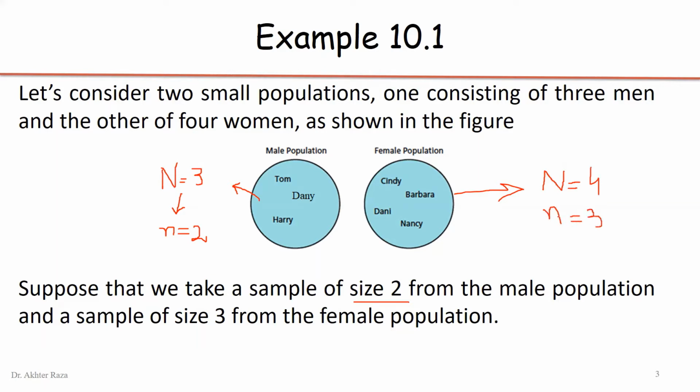If we are selecting with replacement, then total samples here will be 3 raised to the power 2, which is 9.